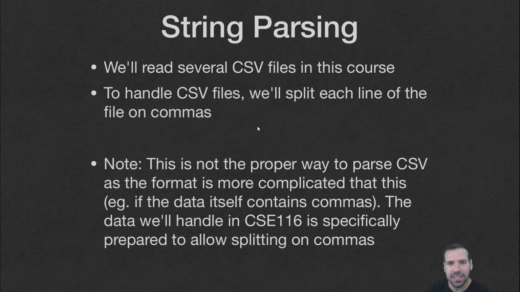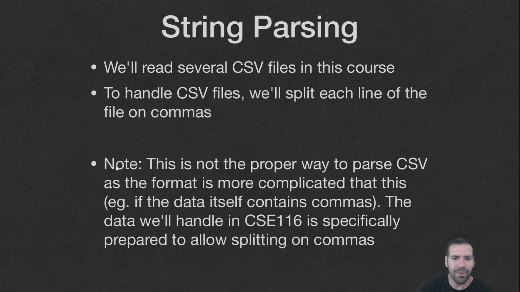To read these CSV files, for each line we're going to split on commas to separate those values into a data structure where each value in the data structure is the value in that line of the file. So we're going to split on commas, which means every time there's a comma, we're going to treat that as the start of a new value.